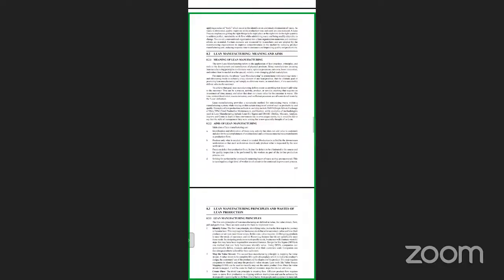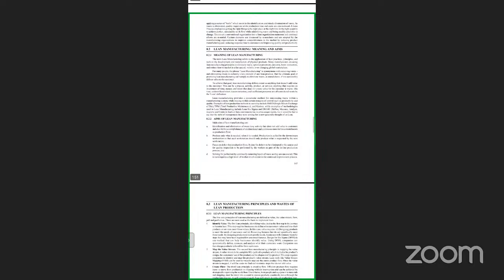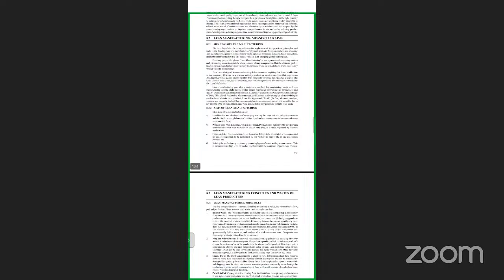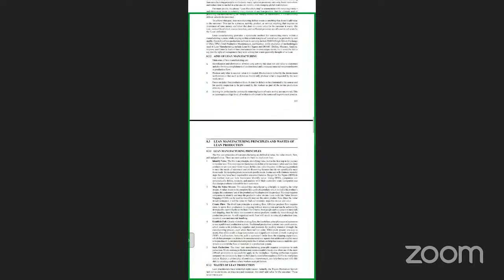So let us understand the aims of lean manufacturing. The main aim is the identification and elimination of waste, which accomplishes unidirectional and continuous material movement known as production flow. It also produces only what is needed, when it is needed, and production is pulled by the downstream workstation, so that each workstation should only produce what is requested by the next workstation.